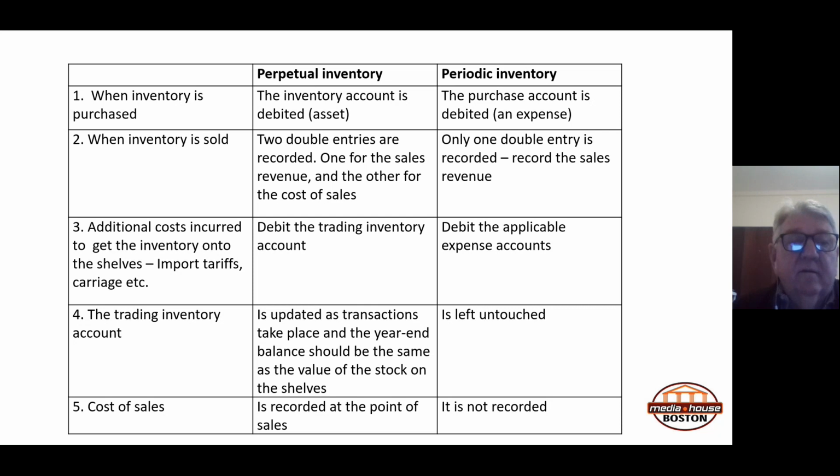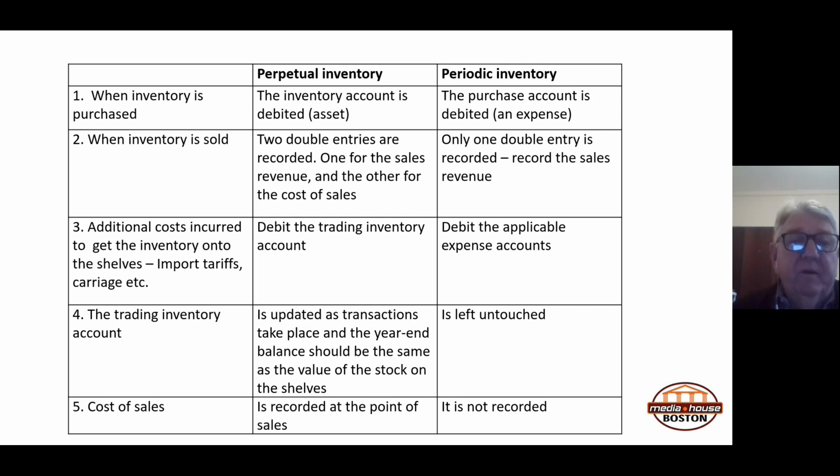Okay, let's have a look at the inventory. This is something that you need to know how to account for inventory when you do transactions, which accounts are debited and credited. Now, we use two different methods of recording inventory.